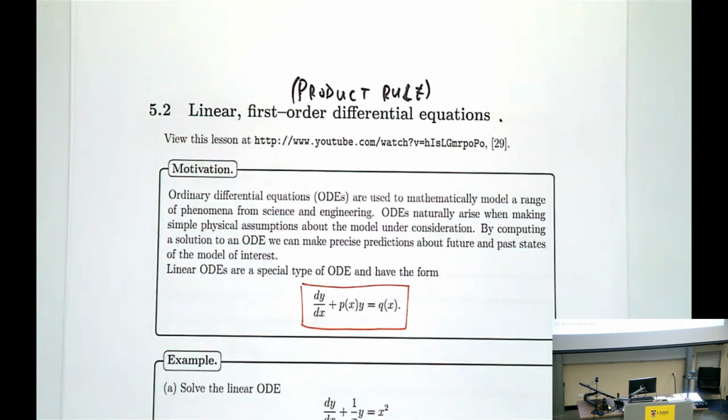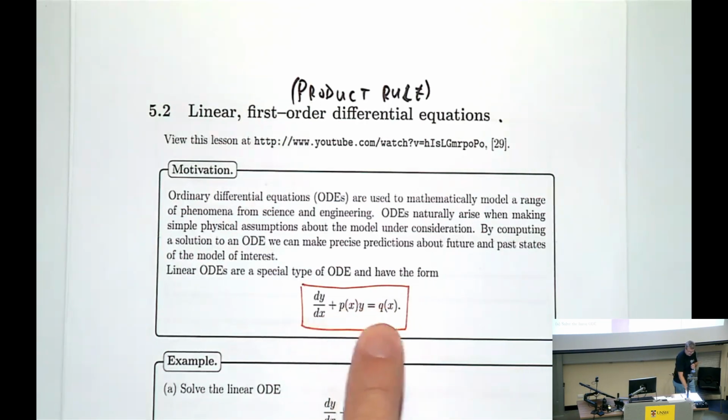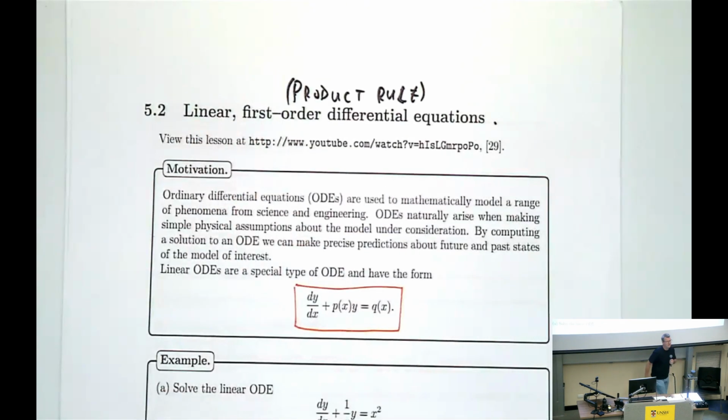Okay. What about linear? What does this word even mean? If you look at this general form, there's only the first order derivative and nothing else, and we're looking for the solution y. What does linear mean? We think about maybe straight lines, stuff like that. In this context, it's a little bit different.